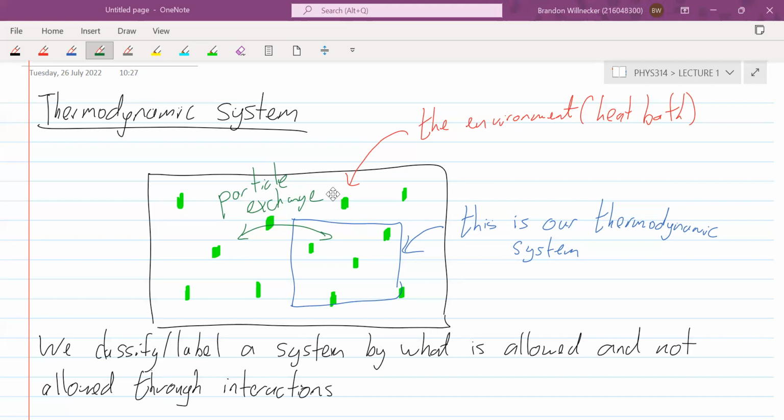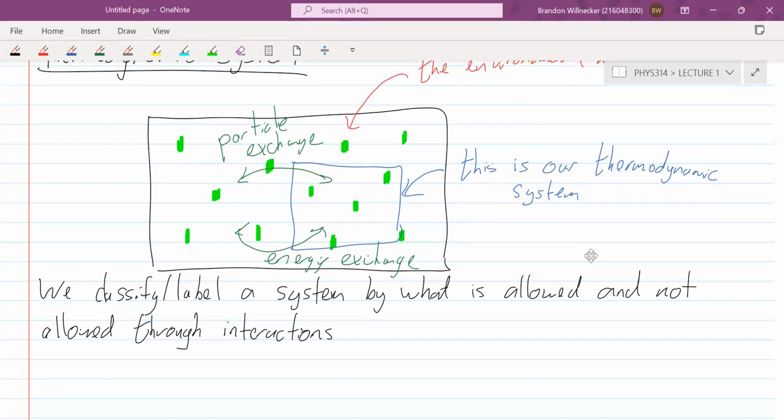So that's called particle exchange. We could also have energy exchange. Through particle exchange or energy exchange, the subsystem is interacting with the environment. Depending on whether these types of interactions are allowed or not allowed, we can classify our subsystem.